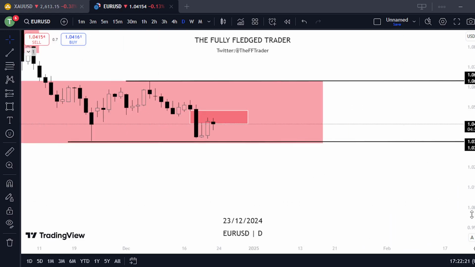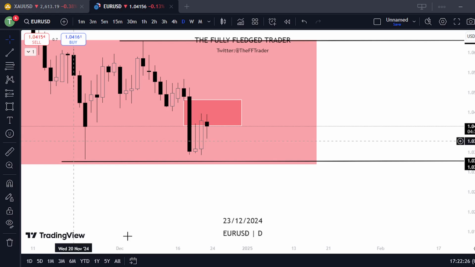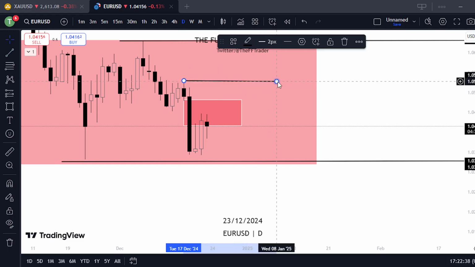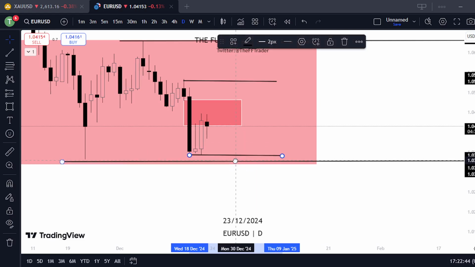Depending on the model, you see that I have this as my level 1, and this will be my level 2.